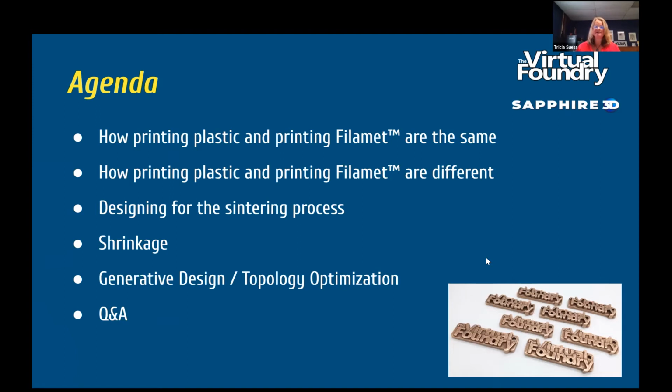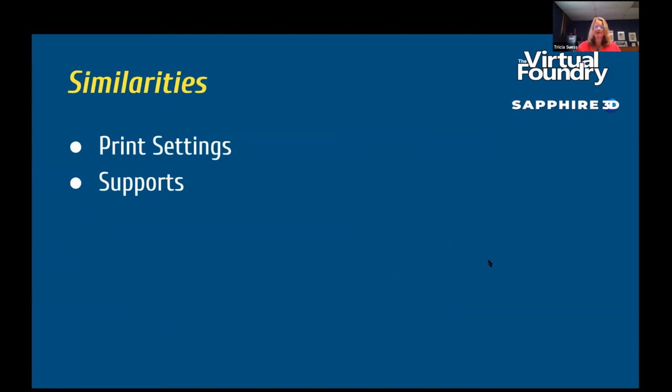And then there's that Q&A time I talked about. First of all, we're going to hear from Brad and David about the similarities between printing with Filamet and printing with regular PLA plastic. So Brad, why don't you go ahead and get us started?